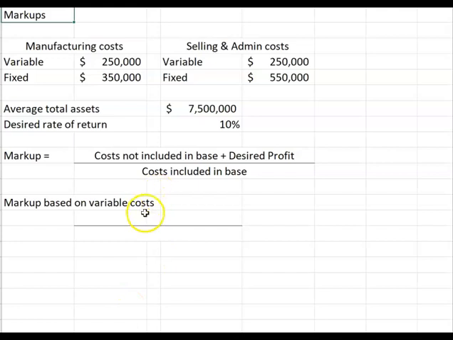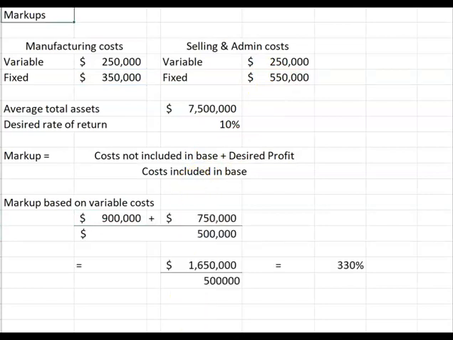So the costs not included in the base would be the fixed costs. So our fixed costs are the fixed manufacturing plus the fixed selling and administrative. And then we would add to that our desired profit, which we said was the 750,000, 7.5 million divided by 10.